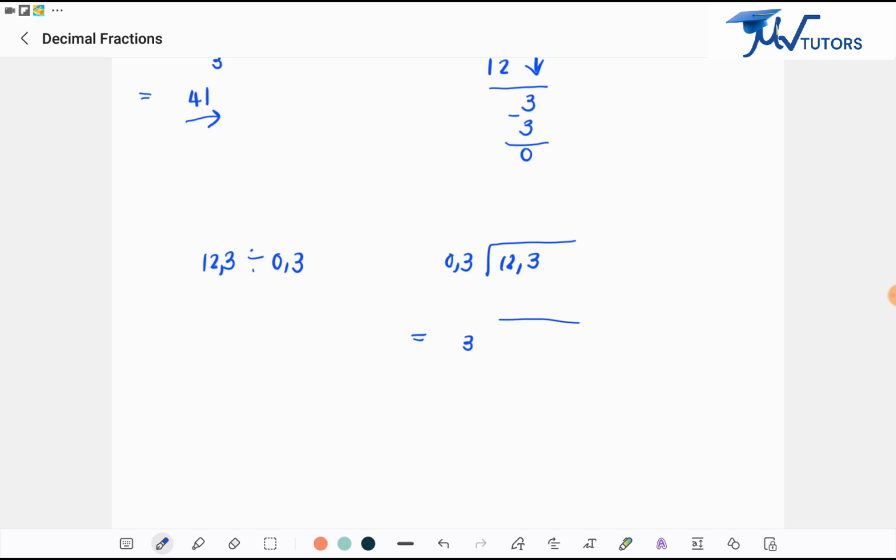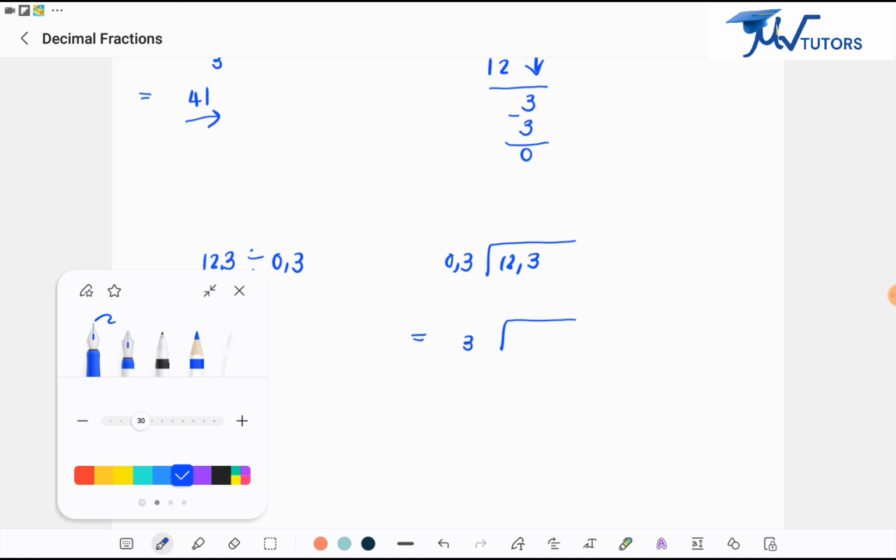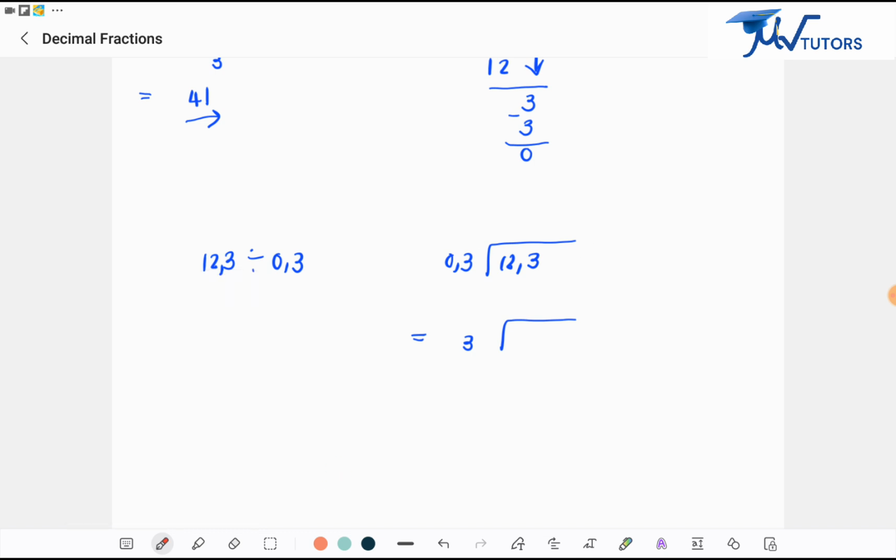And then I'm also going to, if I shift it outside of this division sign, I'm going to have to shift it inside as well. So if I'm shifting on the outside, this decimal comma to here, which is 3,0, which is just 3, I'm also going to have to shift it this side as well.